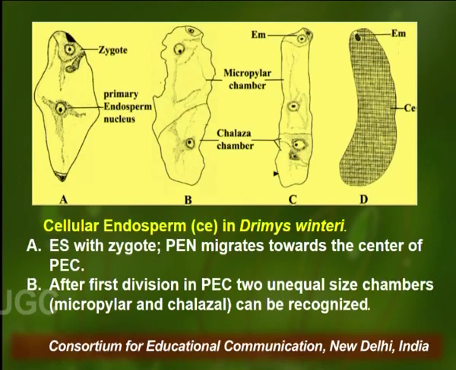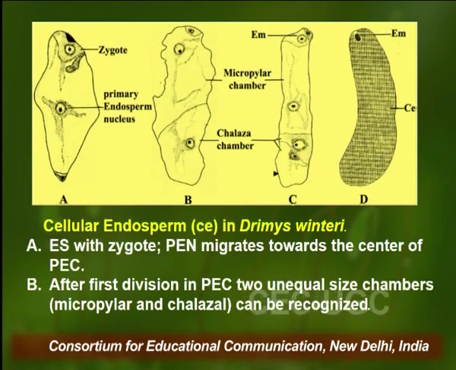Now, here you see a diagram depicting cellular endosperm in Drimys winteri. A figure shows embryo sac with zygote at the top and there is primary endosperm nucleus towards the middle portion or the center of the cell.